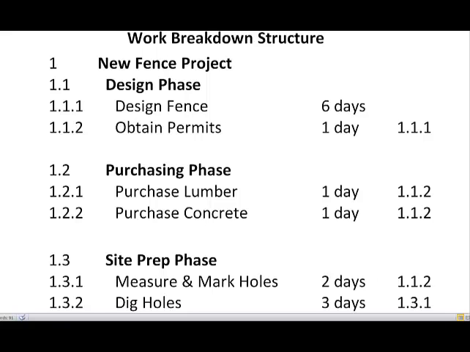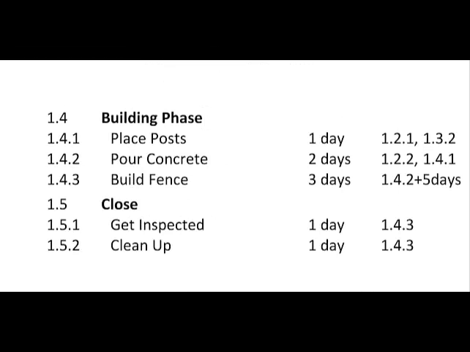Moving on to the purchasing phase, which is 1.2, we have purchase lumber and purchase concrete. You can see why purchasing doesn't fit with designing. Finally, at least finally for this screen, we have the site prep phase, and this is getting ready for the fence. This is 1.3, and under it is measure and mark holes and dig holes.